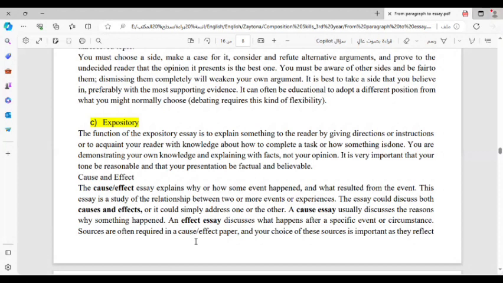At the same time, we can have an essay on the effects of war in Syria. This focuses on what happens after a specific event or circumstance, so it will discuss the effects, the results, the impact.